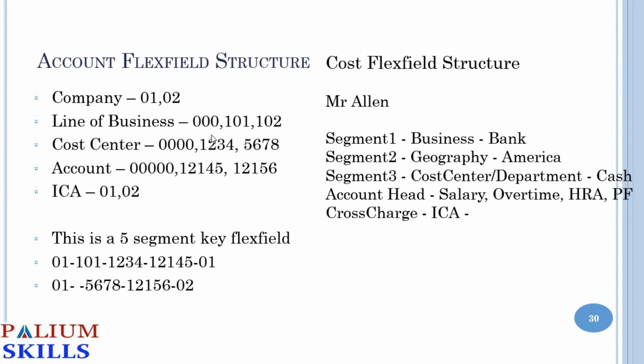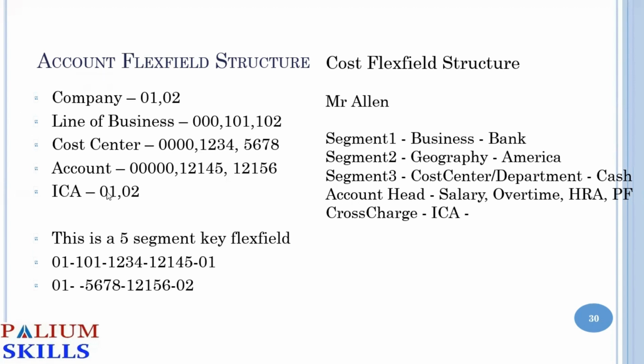Line of business has 000, 101, 102. Cost center has 4 zeros, 1, 2, 3, 4, 5, 6, 7, 8. Account has 1, 2, 3, 4, 5, 1, 2, 1, 4, 5, 1, 2, 1, 5, 6, etc. These are the values within the value set. Okay. Intercompany account can be the same as the account value set, 01, 02.